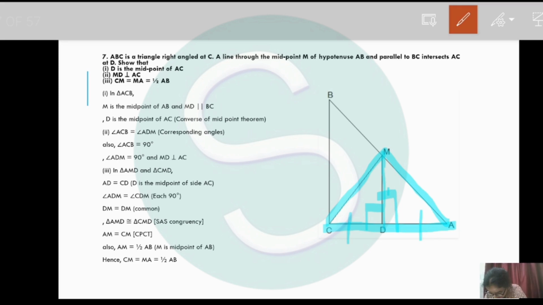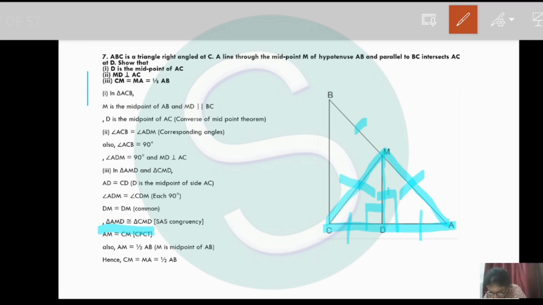So in triangle CDM and triangle AMD, we proved by SAS congruency that AMD is congruent to CMD. So by CPCT we can say that CM equals AM. And also we know that AM is equal to BM.